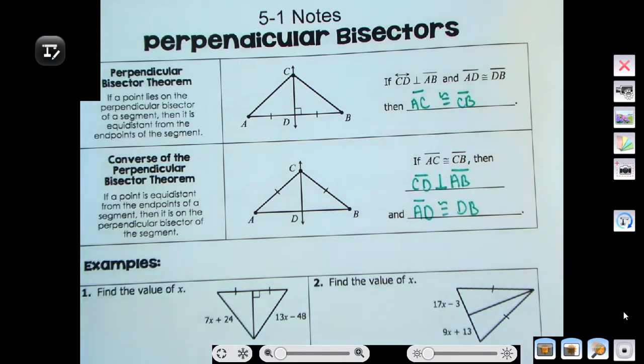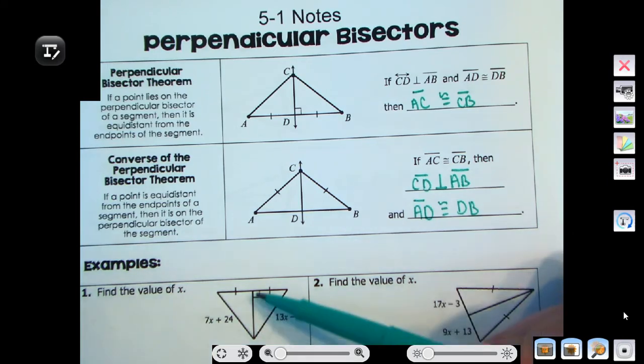So if we know that two sides are congruent to each other and we don't have x, we can use a simple algebraic equation to solve these. So let's start with number 1 here. I'll show you an example. So this image right here, you have a triangle. It's a perpendicular bisector right here, cutting this side length right here in half. So you have these two equal sides.